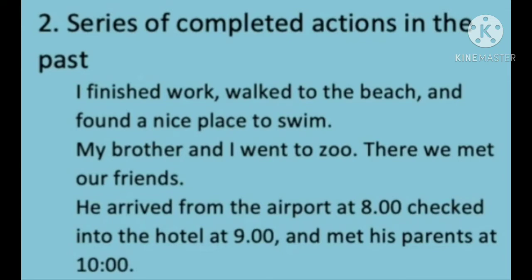Similarly, my brother and I went to the zoo. There we met our friends. Two actions, went and met. Next sentence, he arrived from the airport at 8, checked into the hotel at 9 and met his parents at 10.